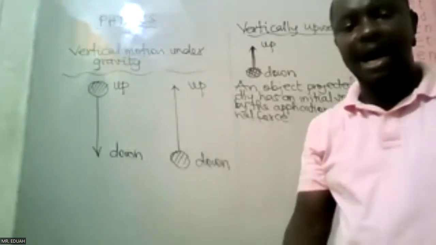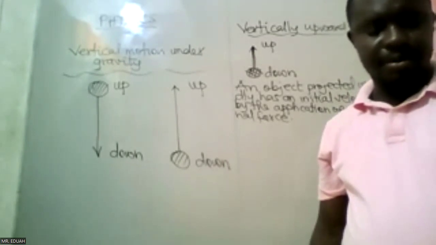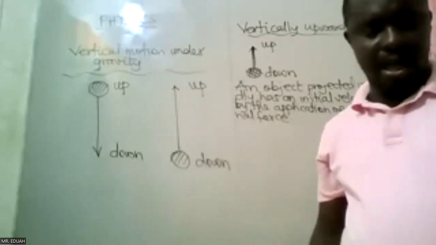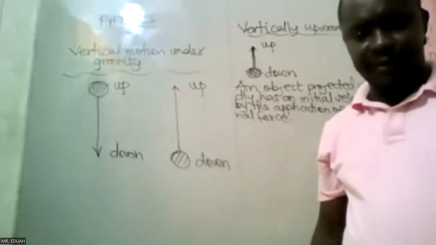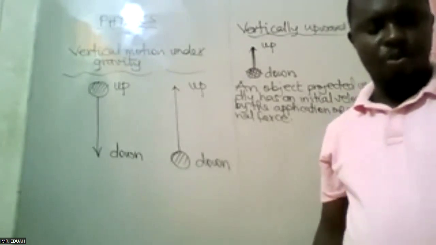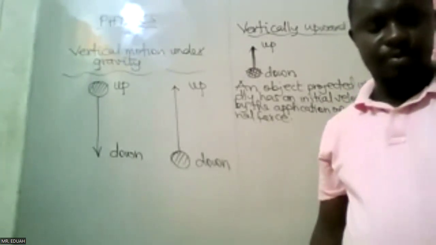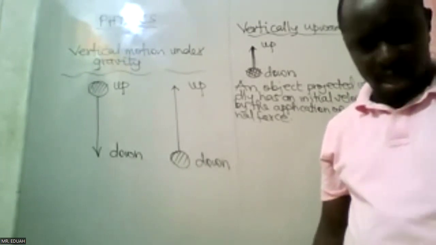Yes, if your hand is up, one. Gravity. All right. Okay. Yeah. Gravity. Gabby, do you have something to say? Yes. Because it's going against gravity. Okay. All right. Because it's moving up.